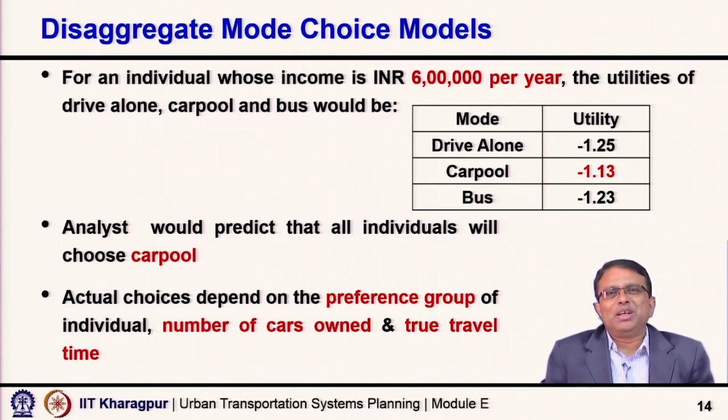So, every individual in that group will appear identical to us, because we have no instrument, no other way to distinguish among those people. If you compare the original example with all the subsequent examples, the actual choice depends on preference group of individual, number of cars owned and true weightage on travel time. Because we may miss all these, our model prediction and real behavior may be much different.